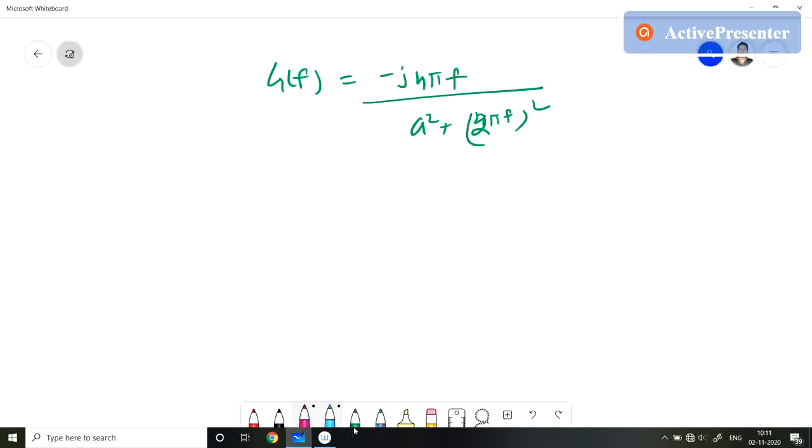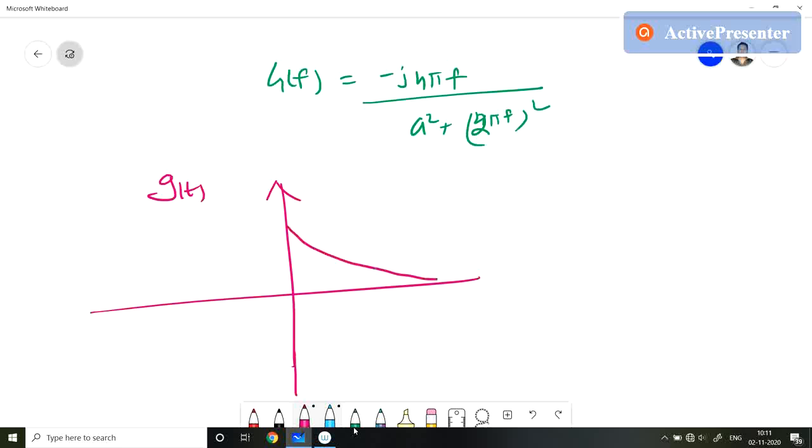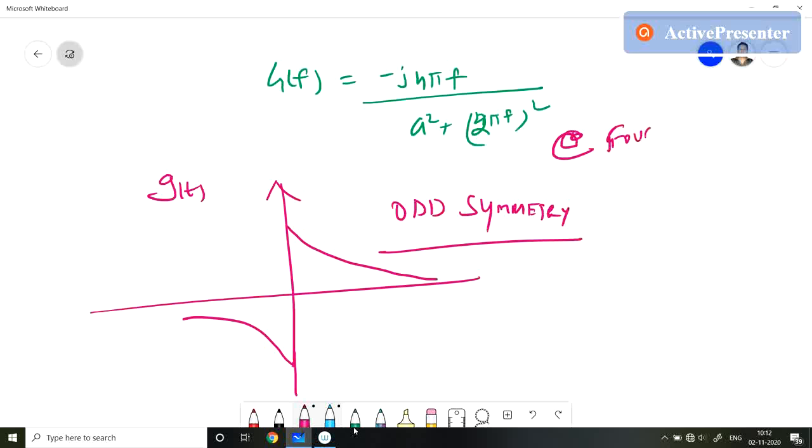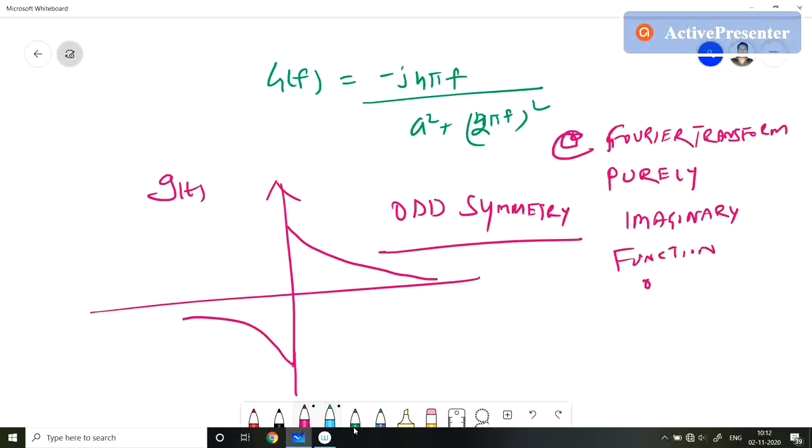So what is the conclusion here? If we see the graph of gt, it shows odd symmetry. For an odd symmetric signal, the Fourier transform is purely imaginary, a purely imaginary function of frequency f, and also it is odd.